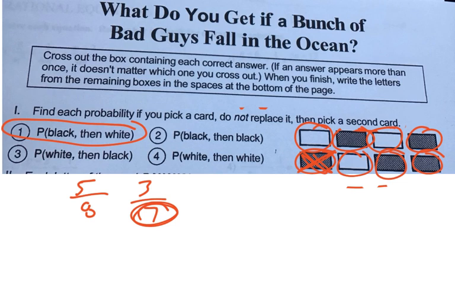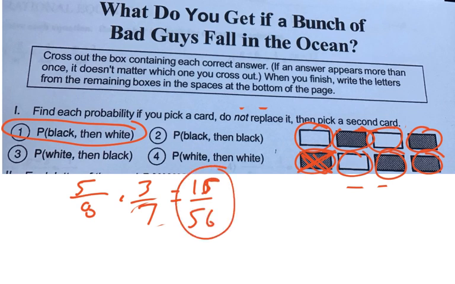Of course, you're not replacing the cards immediately, so the cards are just shrinking down one by one. But anyways, let's figure out our probability here. Let me clean up my mess here a little bit. That was 3 out of 7. So timesing across, that would be 15 out of 56. And you could try to reduce that, but you can't.